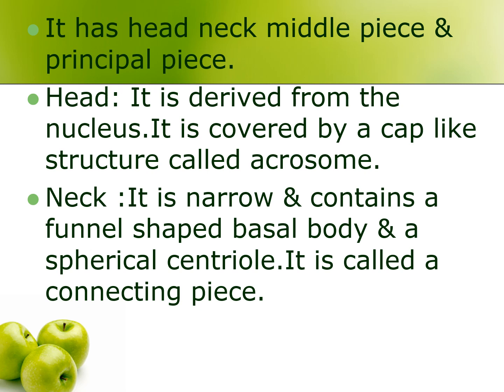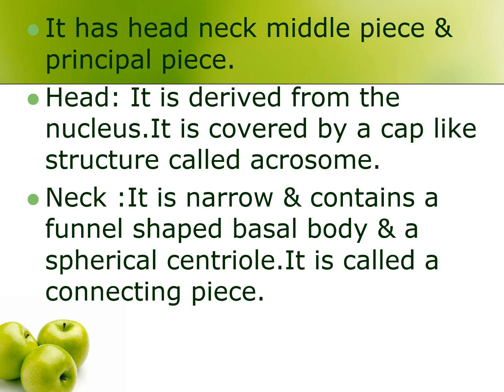It has a head, neck, middle piece, and a principal piece. The head is derived from the nucleus, and it is covered by a cap-like structure called the acrosome. Its neck is narrow, and it contains a funnel-shaped basal body and a spherical centriole, and it is called the connecting piece.